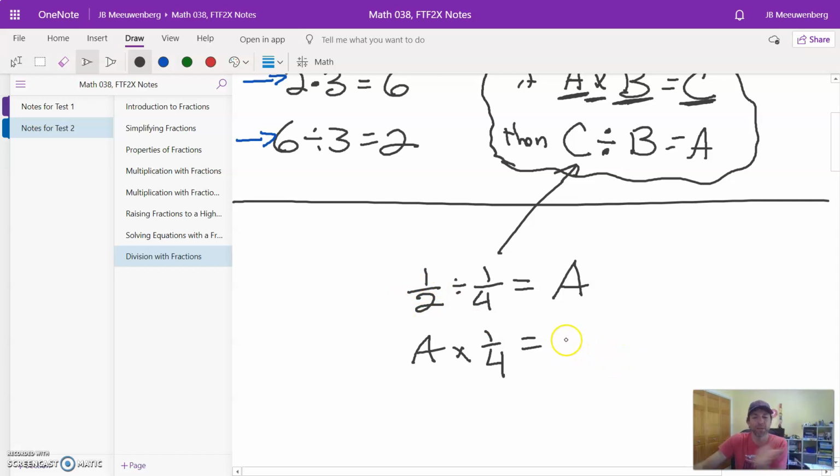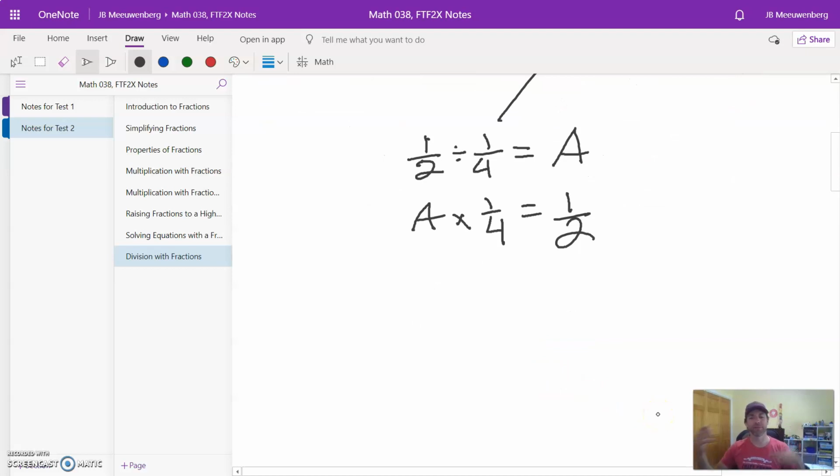So we're kind of working it backward. If 1/2 divided by 1/4 equals A, then A times 1/4 had to have been 1/2. So now we're going to look at our division problem kind of like a multiplication problem.